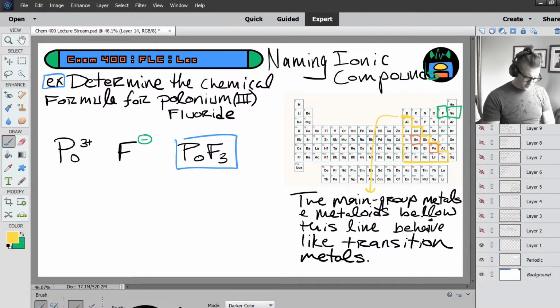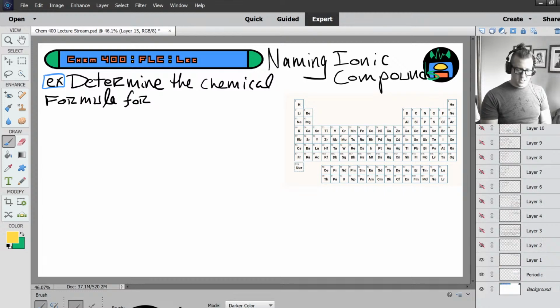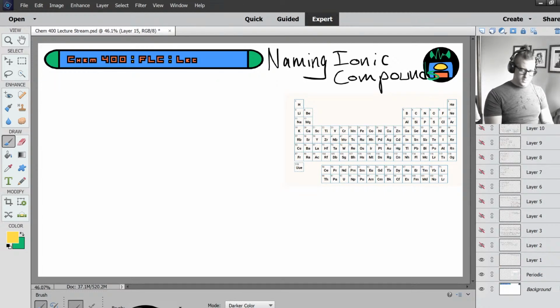All right. Okay, we've gotten some reps in taking a name and determining the chemical formula. Let's practice moving in reverse.